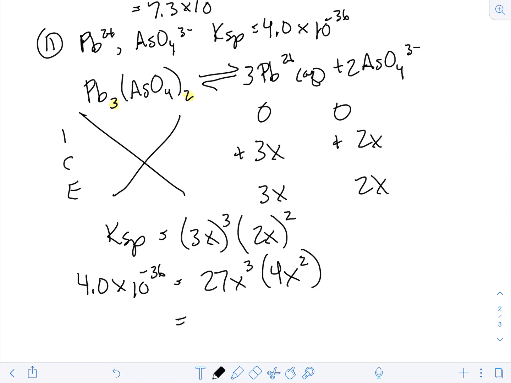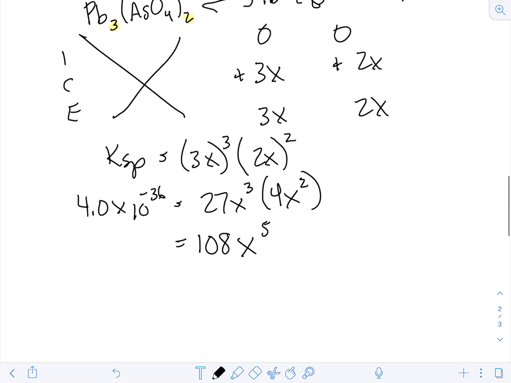Sorry, I'm doing my calculator here. So 27 times 4 is 108 times x to the fifth, and that's equal to 4.0 times 10 to the negative 36. When you use this on your calculator, you're going to have to use the x to the n function.